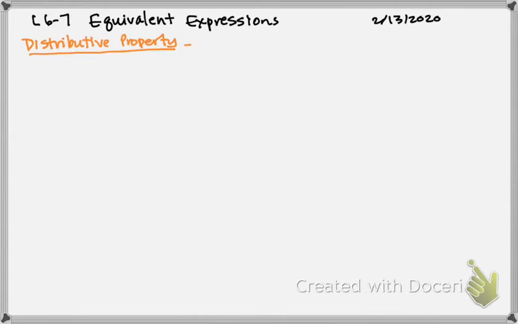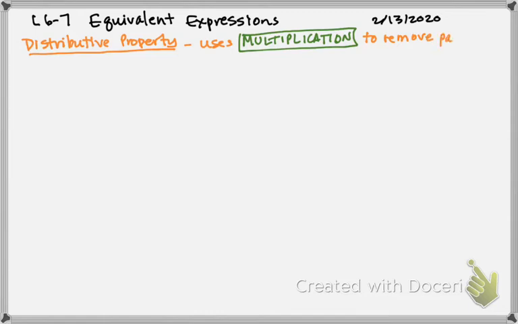So the distributive property uses multiplication. I'm yelling at you. Super important. Uses multiplication to remove parentheses. That's his job.